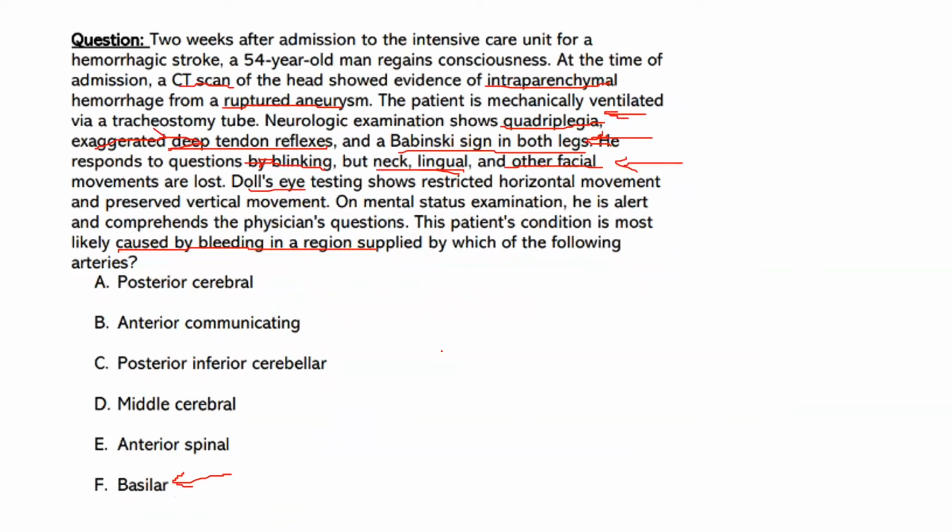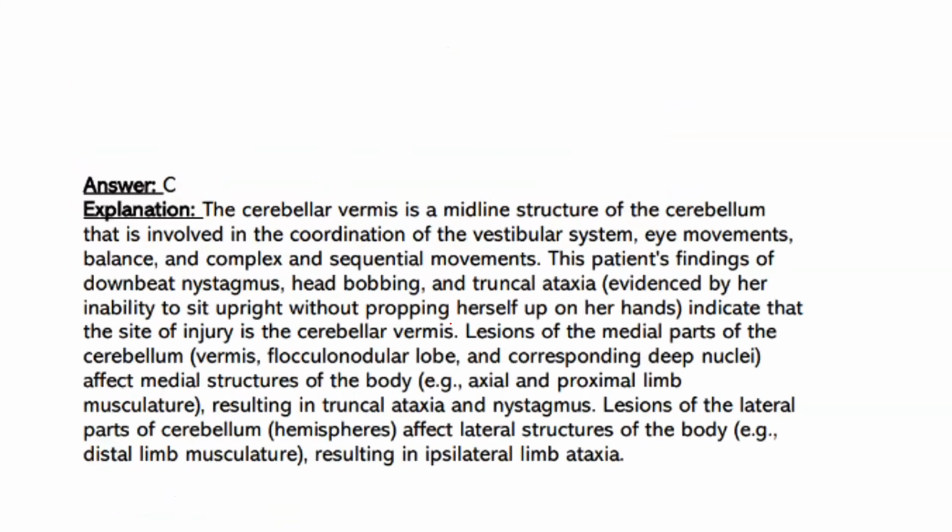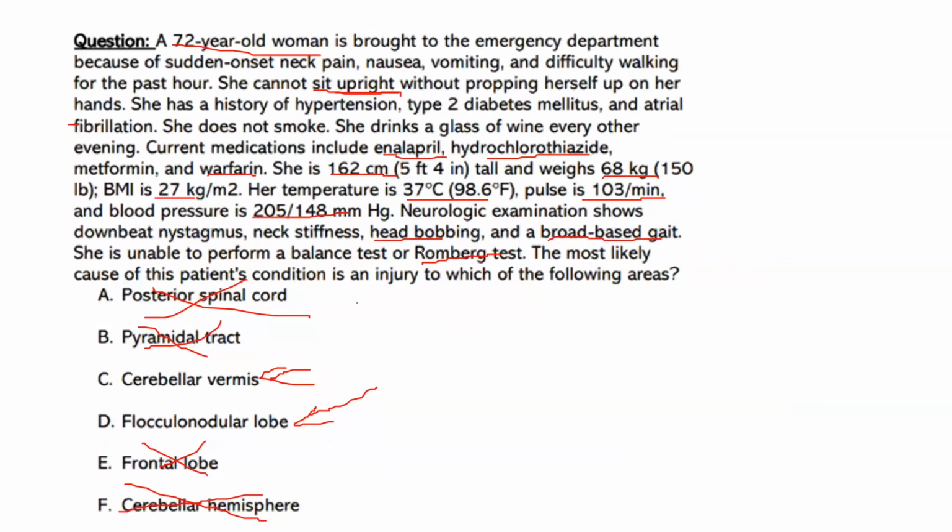For this one, since all of her symptoms are related to loss of functions in the medial part of the body, so central, she has a broad-based gait. Would we call this truncal ataxia? Yeah. Okay. So can we call this also posterior vermis syndrome?